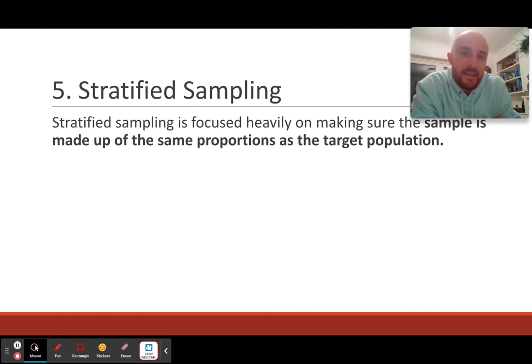Therefore, it would not make any sense for me to come up with a sample 50-50, because in that case, the males would be overrepresented and the females would be underrepresented. So my sample in this case has to be proportionately similar to that of the target population, which is 70% and 30%.